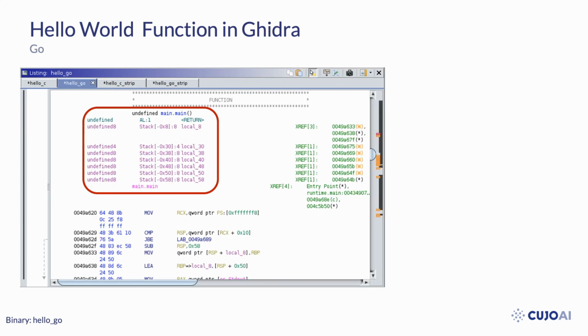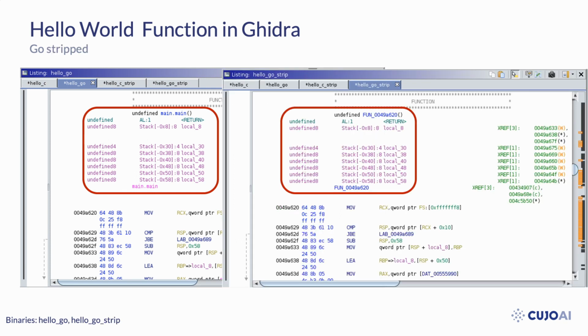Unstripped and disassembled Go binaries have the main function as seen in the picture here. But note the missing main function name on the second picture, when we try to analyze and disassemble a stripped Golang binary. The function name is random as Ghidra cannot really identify it without symbol information.